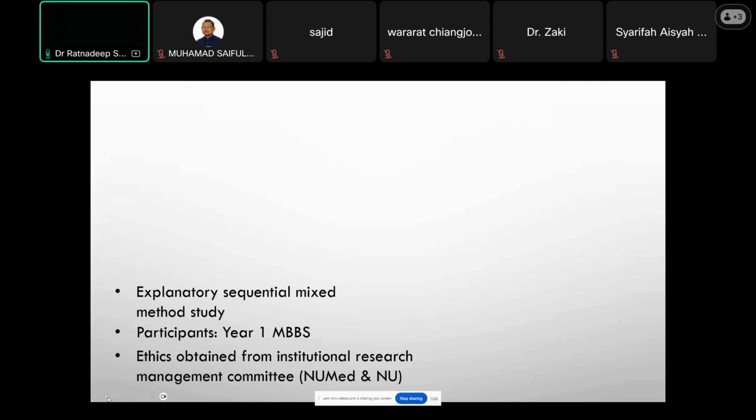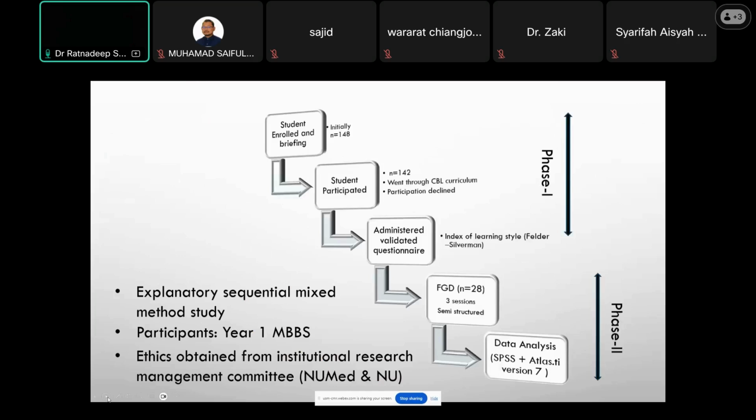Now, if you see here, our study recruited students by convenience sampling method, and the population was sampled across the first year medical students who homogeneously experienced the CBL curriculum. So we can feel that clear generalizability has been maintained. Briefing was done, and then ultimately 142 students participated.